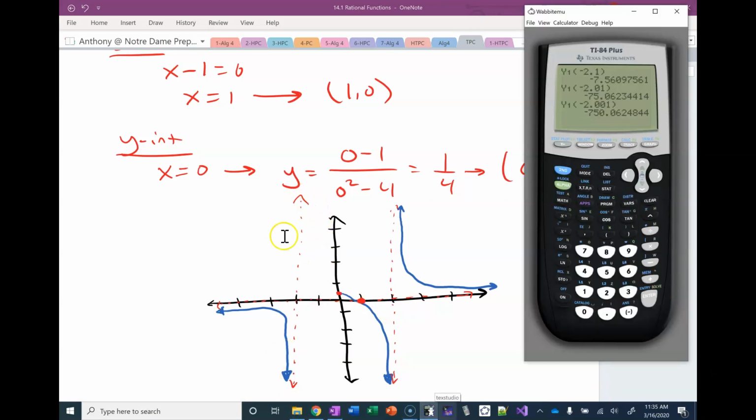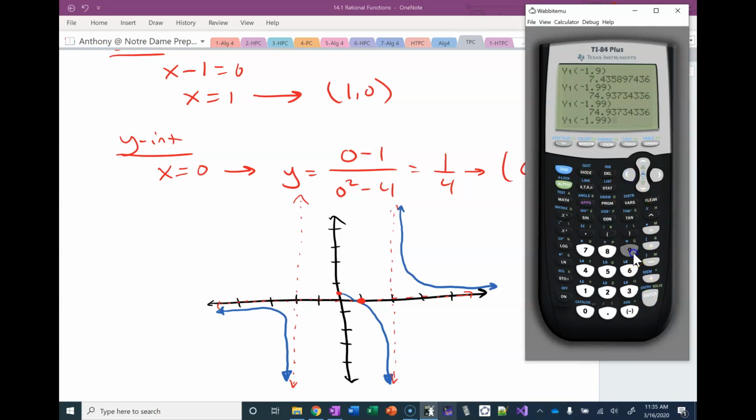And then the last piece is I need to see what's happening on the right side of this asymptote. So I'm going to do that. That'll start at, say, negative 1.9. And then we'll try negative 1.99. And then negative 1.999.